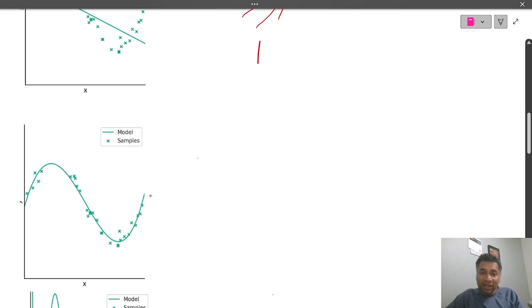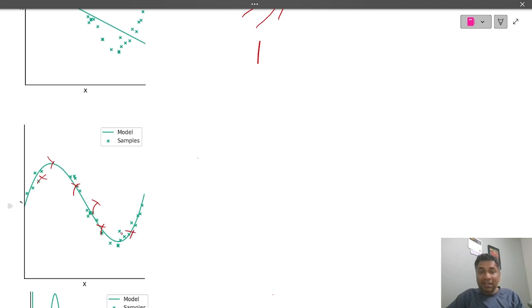So this is our model, which is capturing this training data very well. These are training data points, and it is capturing them very well. Now, if we try to predict the output on the test data, these are our test data points, right?